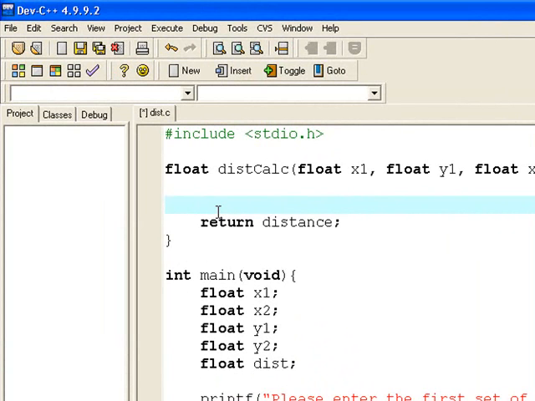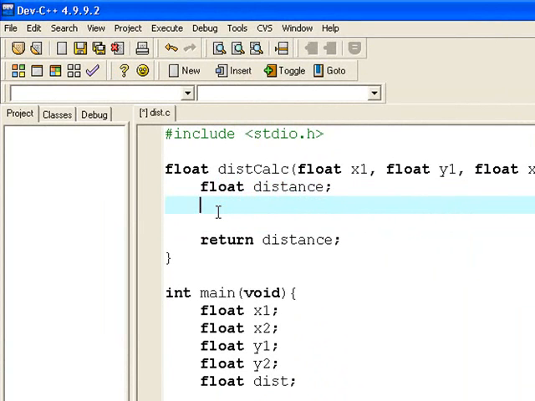Right, so now we do the actual calculation. So we'll have to make a variable called distance, and we'll say distance is assigned the square root, SQRT, of the numbers here. So the whole lot in here, we say x2 minus x1.